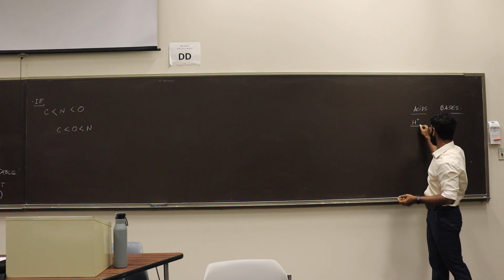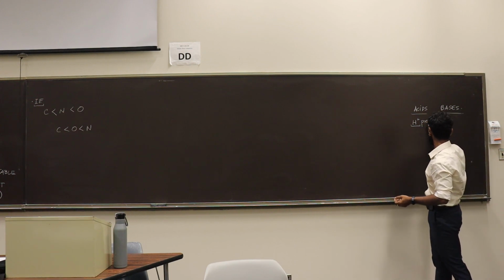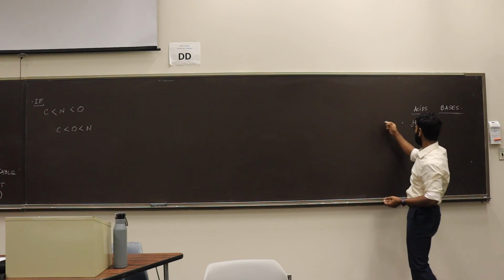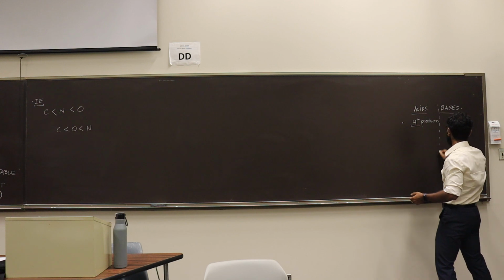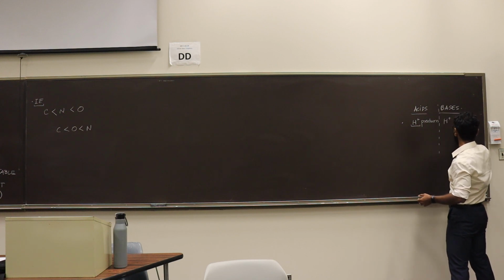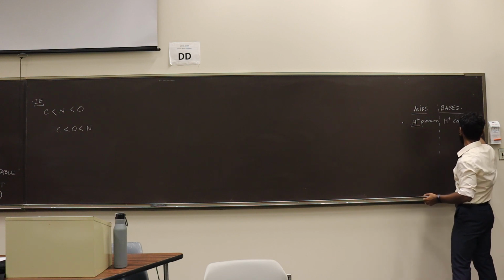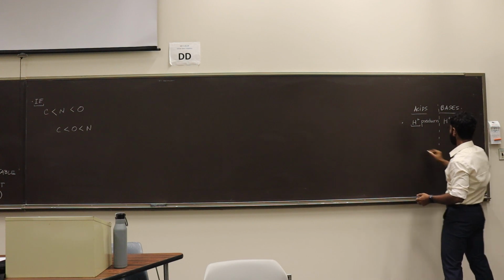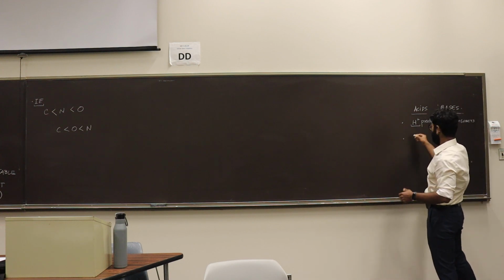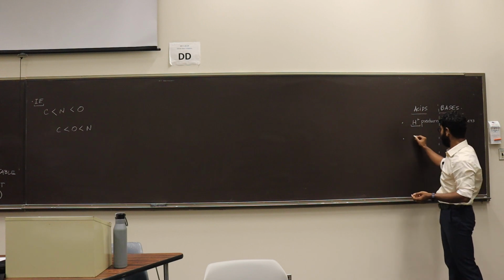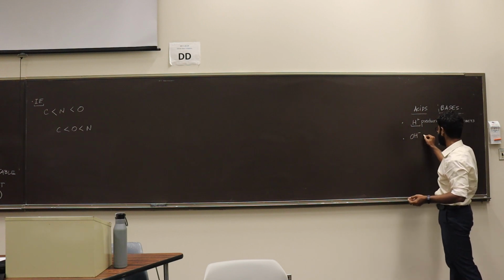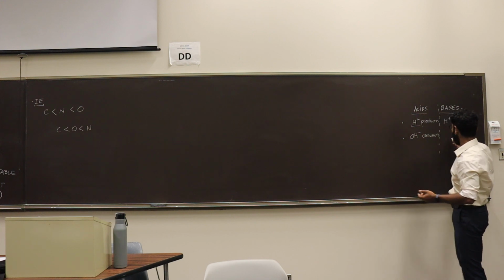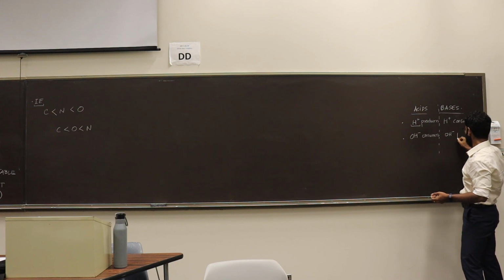So H plus producers, and these are H plus consumers. The Bronsted concept is OH minus consumers and OH minus producers.